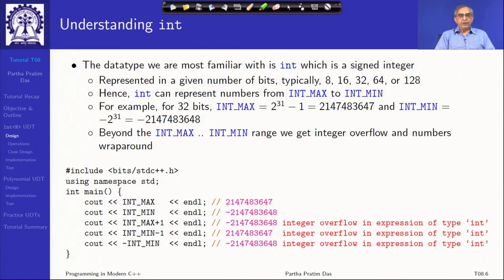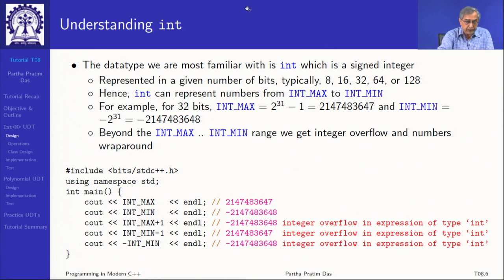It is represented in a given number of bits, typically 8, 16, 32, 64 or even 128 bits. In our desktops and servers, we mostly work with 32 and 64 bit, but 8 and 16 bits are also popular in different embedded systems. 128 bit is used in very high end applications, which need really large integer numbers.